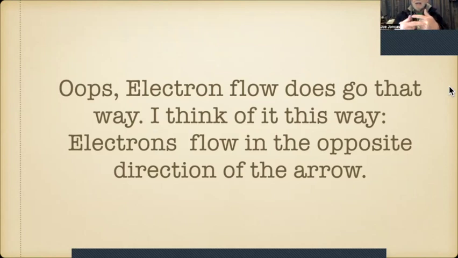I had it totally wrong. I was so confused. Actually, if the arrow is pointing this direction, that means that's conventional flow, that's hole flow. Electron flow is going that direction.